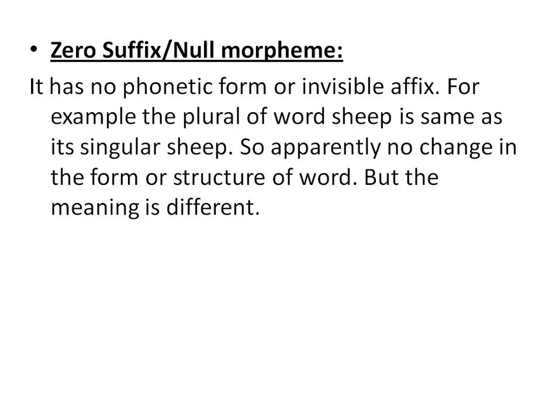So apparently there is no change in the form or structure of the word, but the meaning is different. In one we are talking about singularity, and in the other about plurality, but the word form sheep is the same in both. So this is called the zero suffix or null morpheme.